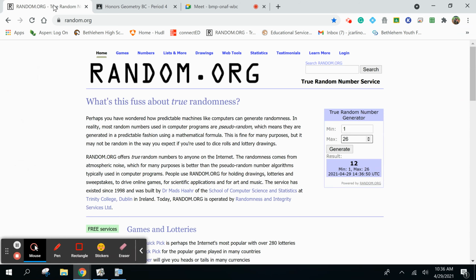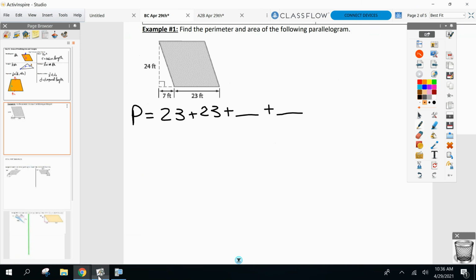Lucas, how can I find them? Pythagorean theorem with 7 and 24 as part of that right triangle. A squared plus b squared equals c squared. Perfect. So I got 24 squared plus 7 squared equals c squared. I'll give you guys a second or two here to find c. Take your time.